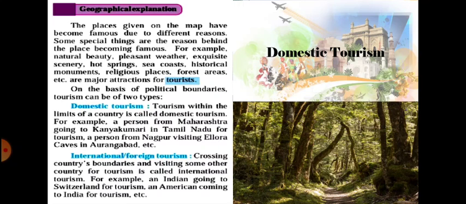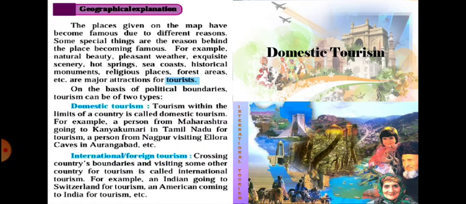For example, a person from Maharashtra going to Kanyakumari in Tamil Nadu for tourism, or a person from Nagpur visiting Ellora caves in Aurangabad within the state of Maharashtra, etc. International or foreign tourism, crossing the country's boundaries and visiting some other country for tourism is called international tourism.